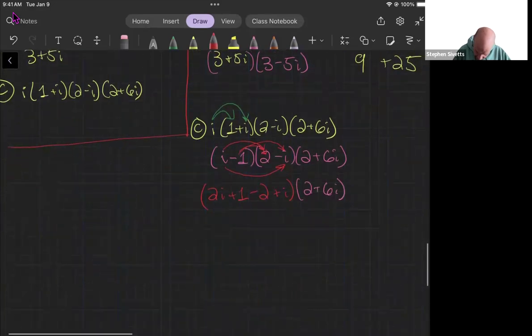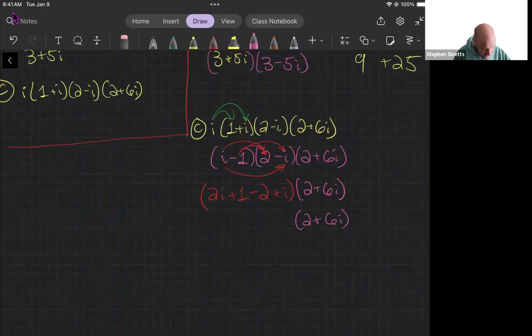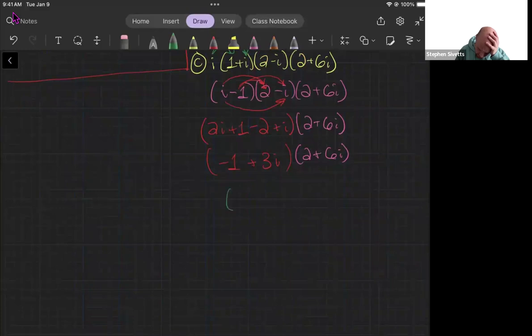And then we'll have times (2 plus 6i) left over. So that will reduce down to minus 1 plus 3i. And then we do multiplication one more time. So the first terms will be minus 2. The outside terms will be minus 6i.